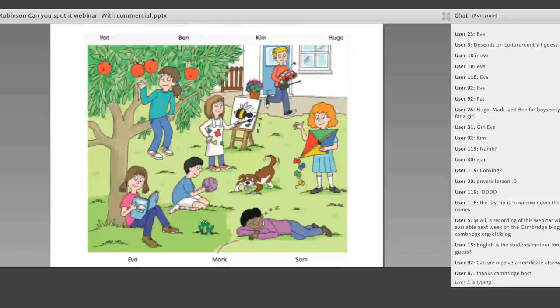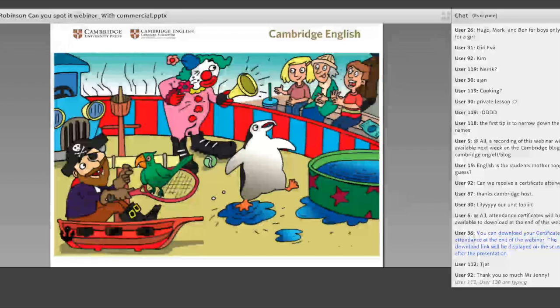What students have to do here, again, I would train them to spot things about the picture. So thinking about what is in this picture, and our questions from the first picture that we saw.